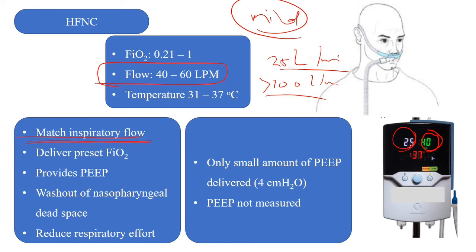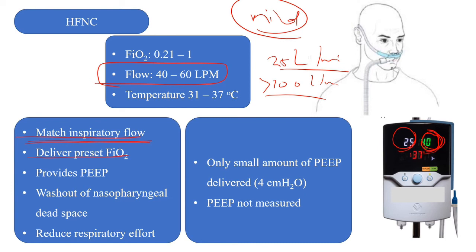It will deliver a high FiO2. However, if you apply a high FiO2 with a flow which is lower than the patient's flow, this FiO2 will be mixed with room air, and the FiO2 that reaches the patient will be lower than what you set in the machine.